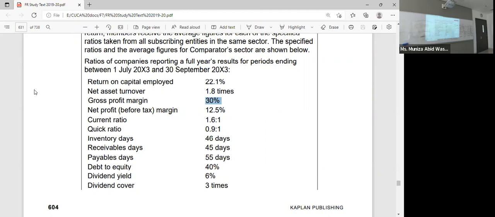What does that mean? Your organization is not able to control its direct expenses in a good manner. Because the organization's control over the direct expenses is lesser and the operating expenses are increasing with the passage of time, that is why the gross profit margin has declined.